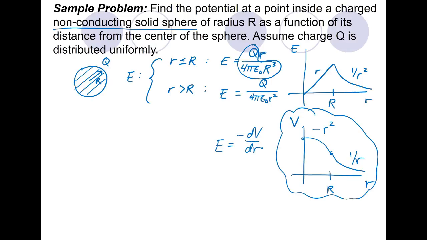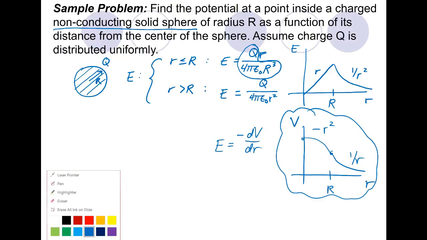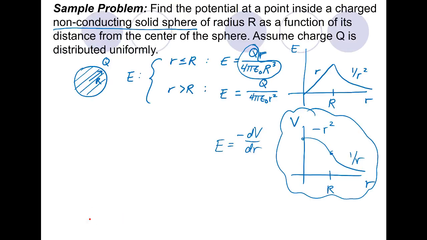Now how do we set this up? Well, we have two things to worry about. Let's say that I have a couple of different points I'm interested in. This question asks us to find the potential inside the sphere, but let's say that I wanted to find it outside at this point B. Well, then what I would have to do is find that delta V is equal to negative integral of E dot dr going from infinity to B. And we've seen this before.